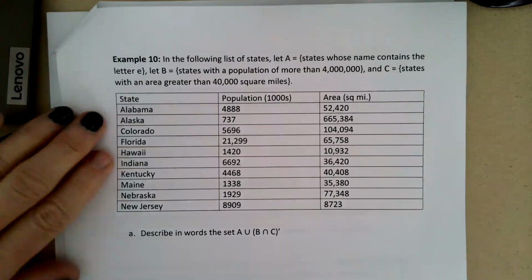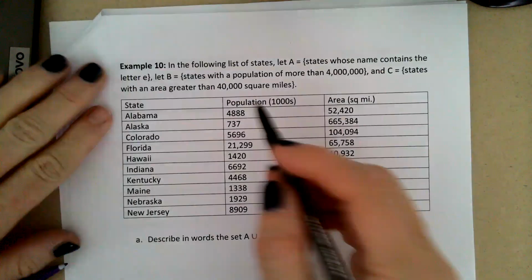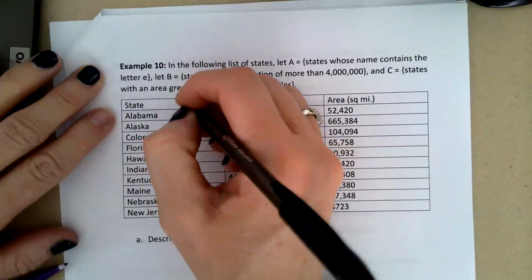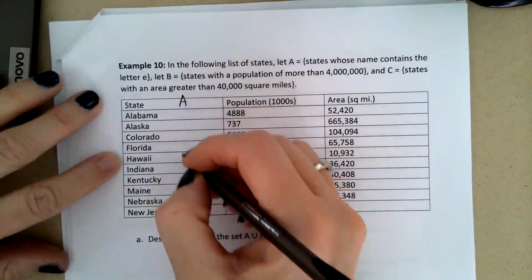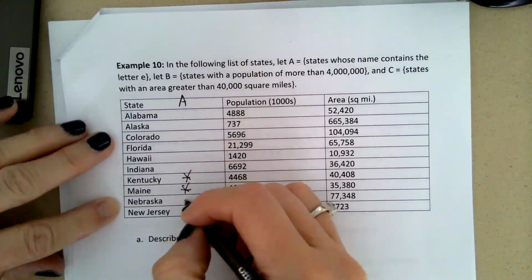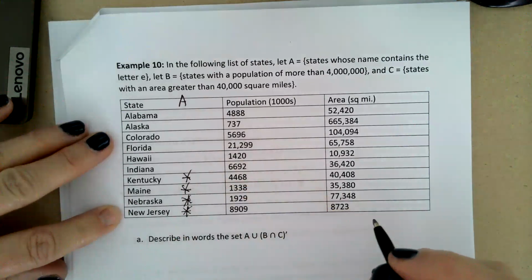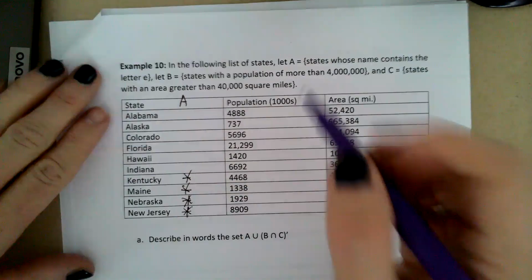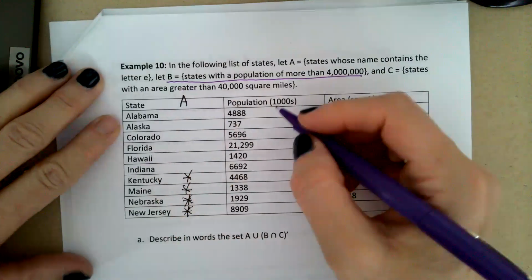So how about we mark them? I'm going to mark them. A, they contain the letter E. So I'm going to do A here. Kentucky, Maine, Nebraska, and New Jersey. And then B is the states with a population more than 4 million.